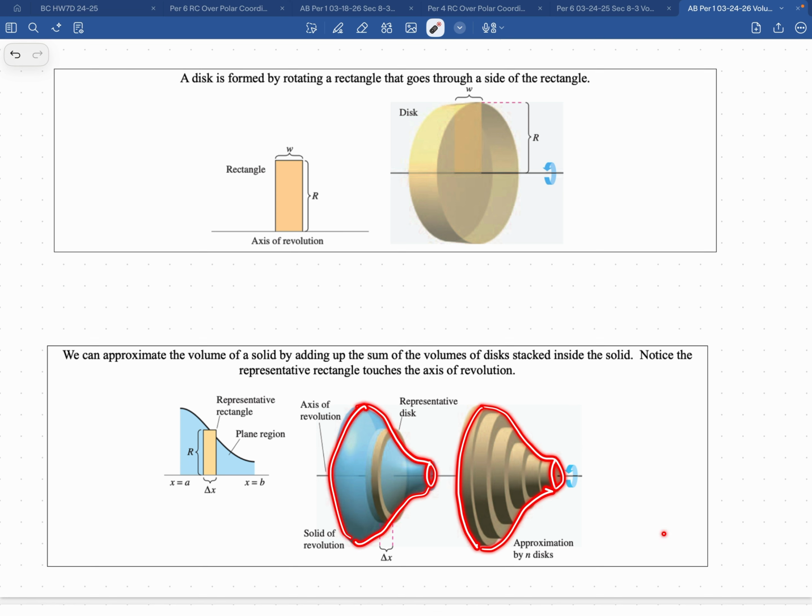The idea is that the more and more disks we can fit in, the smaller and smaller the disks are going to get, and the better and better our approximation is, until we can fit infinitely thin disks. That's finding volumes by disks. We'll get into the actual calculus part, but right now just try to imagine the picture.